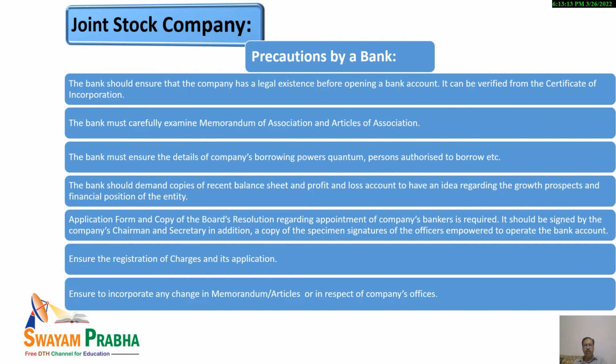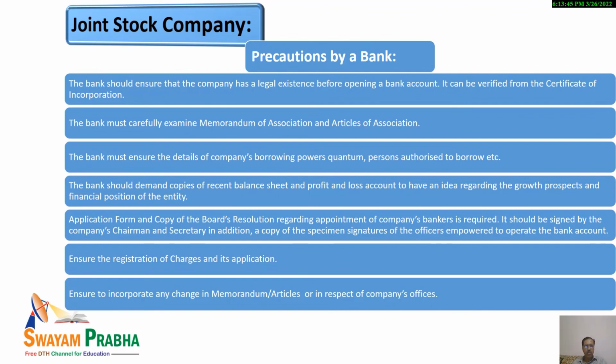In case of private companies, we are having minimum members maybe two and maximum maybe 200, excluding past and present employees. And in case of public limited company, minimum seven members may be there, and there is no limit as far as maximum number of members in a public limited company is concerned. So what are the main precautions that should be taken by the bank in case of a joint stock company?